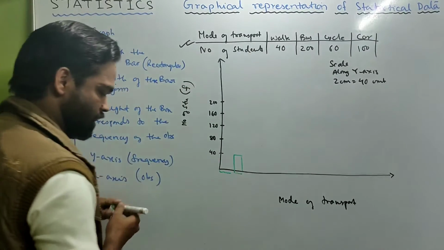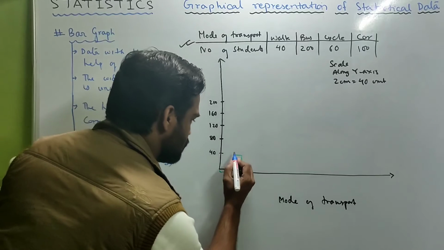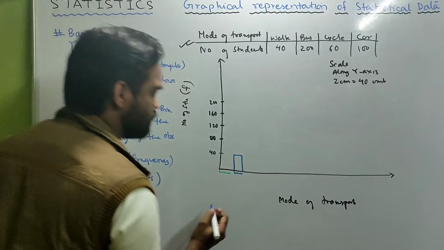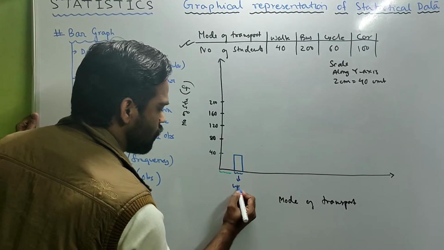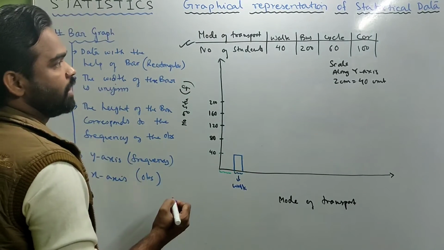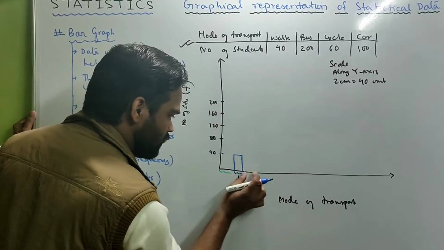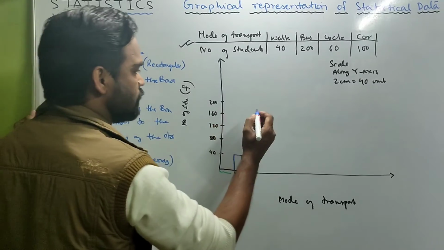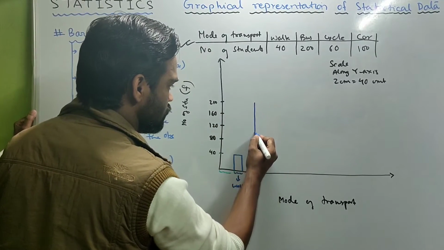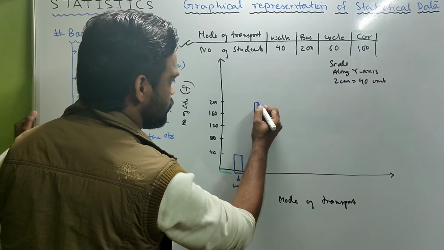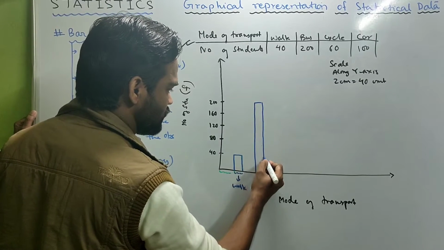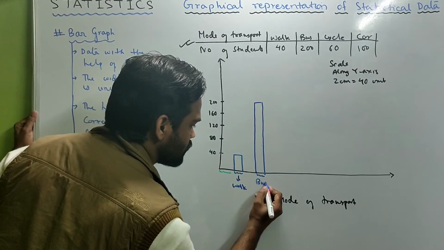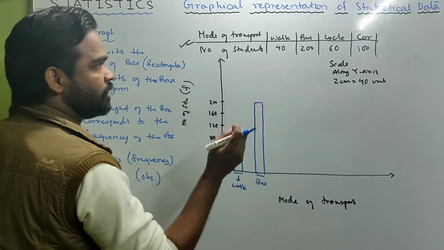This width is 1 centimeter, and this is my walking. Then bus 200. So I leave again a 2 centimeter gap. I'll make another rectangular bar of width 1 centimeter. See, frequency is 200, the width is the same, so this is bus. Then I'll again leave a gap of 2 centimeter.